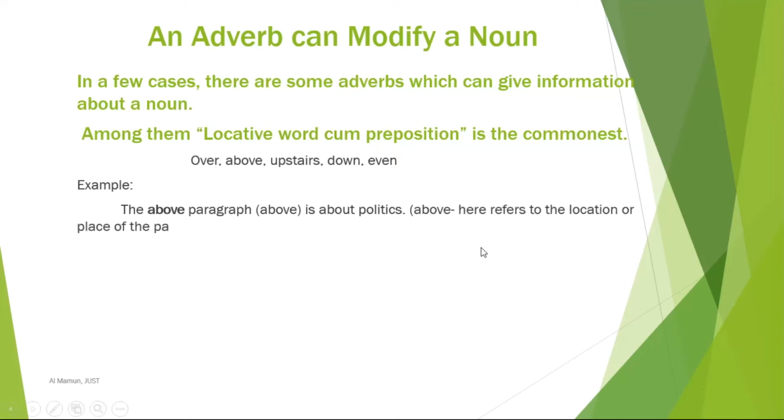So above here refers to the location or place of the paragraph. A paragraph is a noun, but here above is not a quality of the paragraph, but refers to a place where the paragraph is written. Some people consider it an adjective because it is placed before a noun. But if you look at the definitions of adjective and adverb, above refers to a place where the paragraph is written.